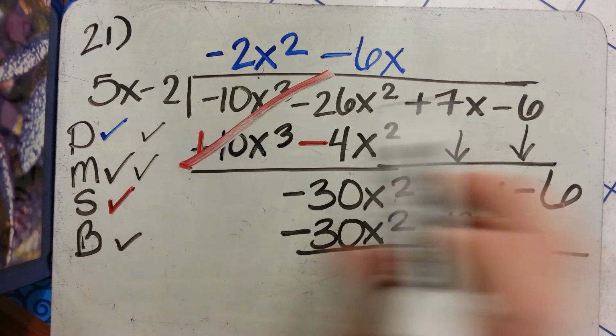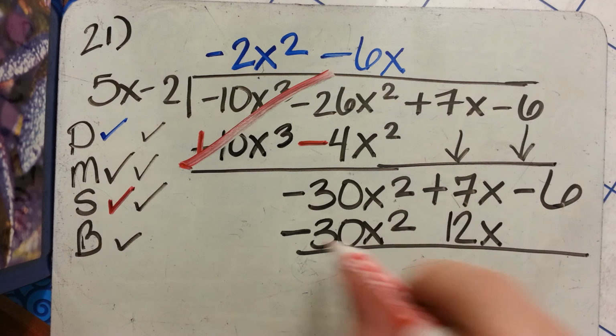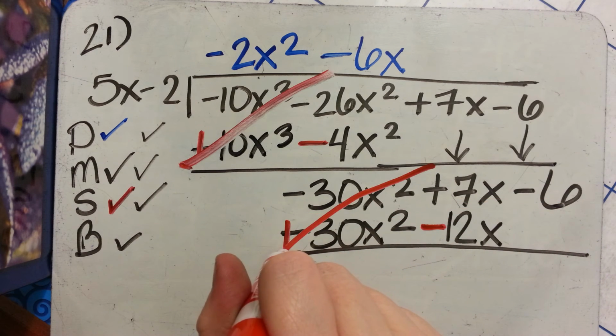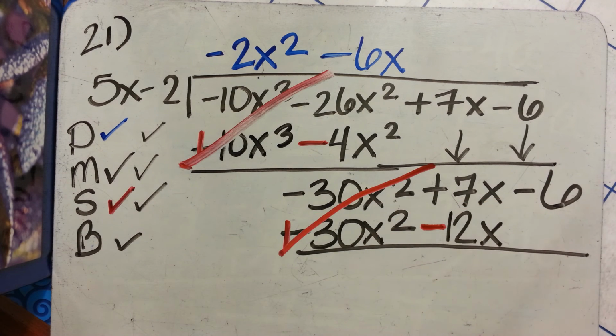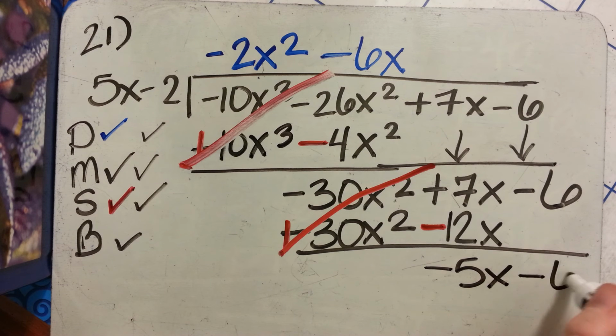So we divided, we multiplied. Now what's next? Subtract. We're going to change our signs. The first two terms are going to add up to 0, and we're going to add up everything else that's remaining. So from here, we're going to get negative 5x minus 6 once we bring down.